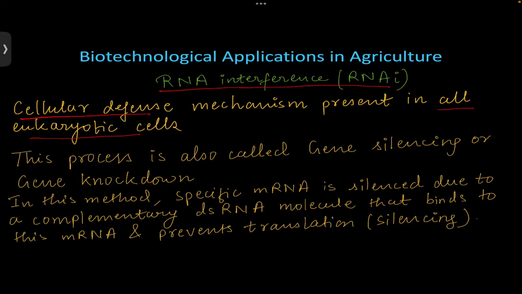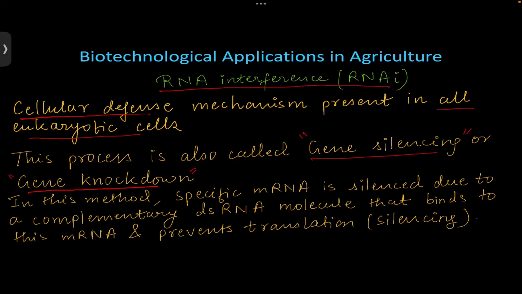Now, this process is also called gene silencing or gene knockdown. So why is it called gene silencing or gene knockdown? You will understand once we understand how this process works. Now, what happens in this method?